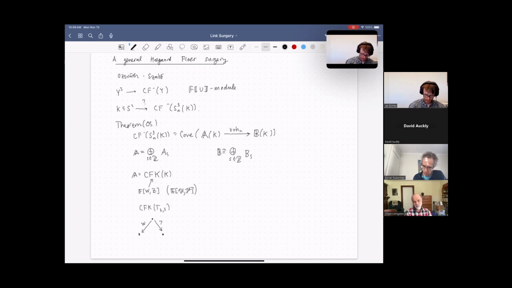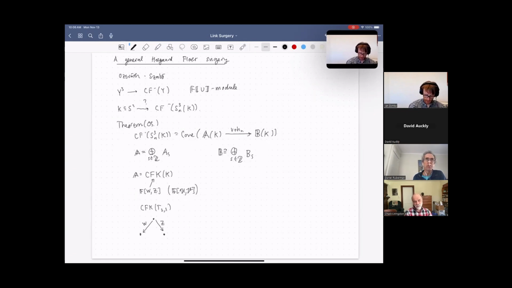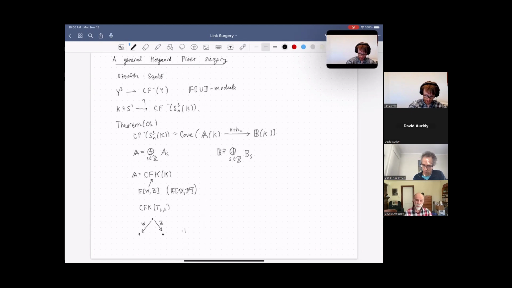Each dot represents a copy of the ground ring, so each dot is a copy of F adjoin W, Z. The differential takes this very simple staircase complex. In general it's easier to compute the knot Floer homology of the knot than it is to compute the Floer homology of its Dehn surgery.